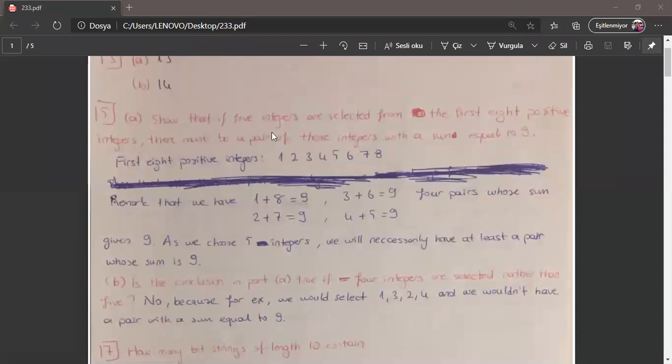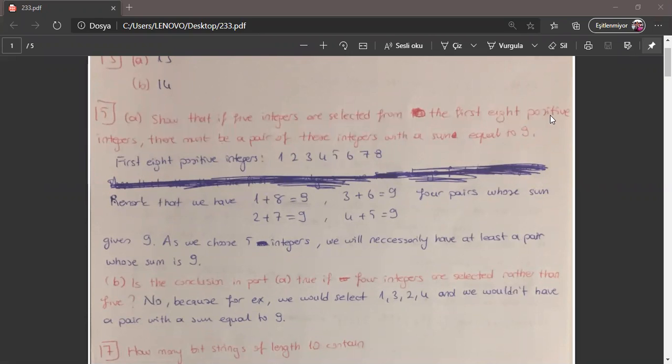Now we have this question 5, okay? I followed the same worksheet, but I wrote the questions here too. So the question is this.